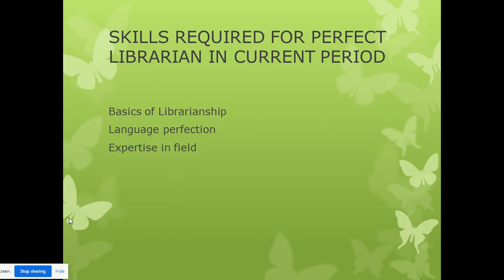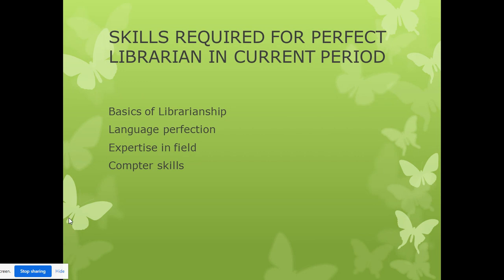Expertise in field. You have to be expert in every field of library activity, for example, classification, cataloging, indexing, abstracting, acquisition, and many other activities which are available in the library. Then you have to be expert in these fields.